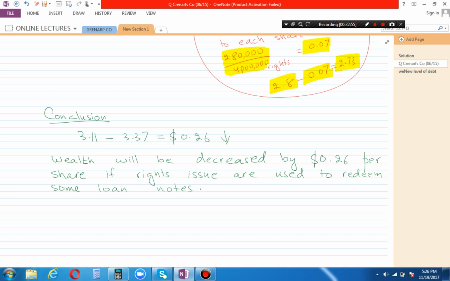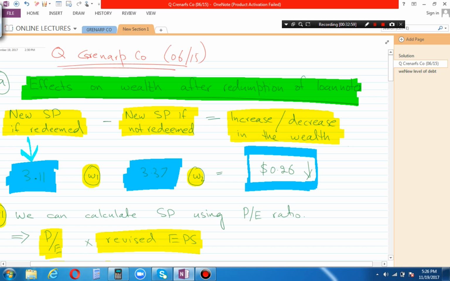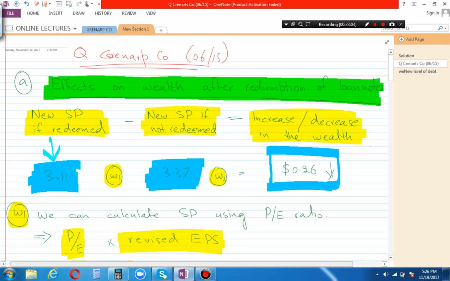Let's do a quick recap. The question was that you should issue the rights when you have the money, then use it to redeem some of the loan notes. Should you do it or not? You should do it if the wealth is going to increase, and you should not do it if the wealth is going to decrease.